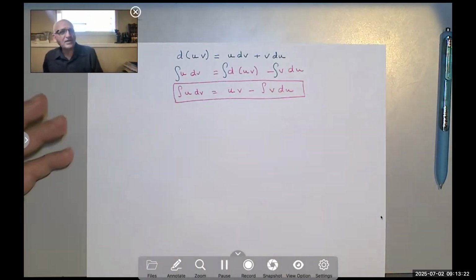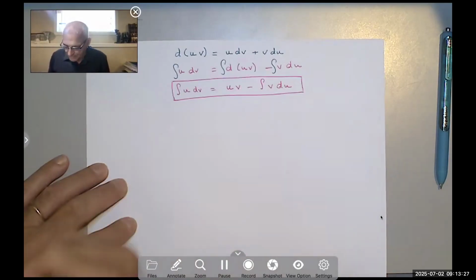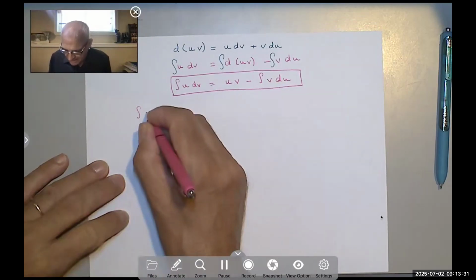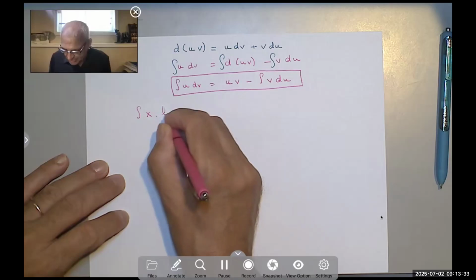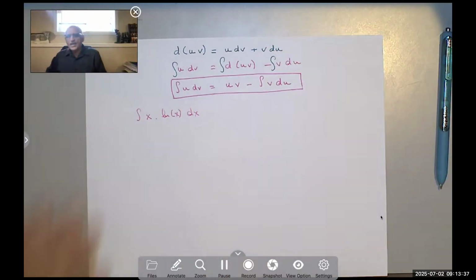Now, how do we do that? Let's take an example and see for ourselves. Suppose I want to integrate x times natural log of x dx. How do I decide which one I use as u and which one I use as dv?